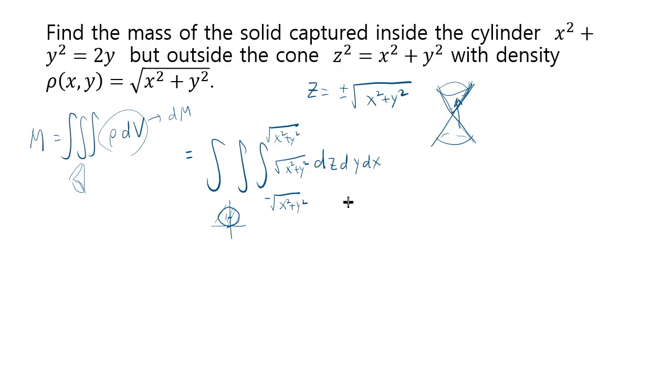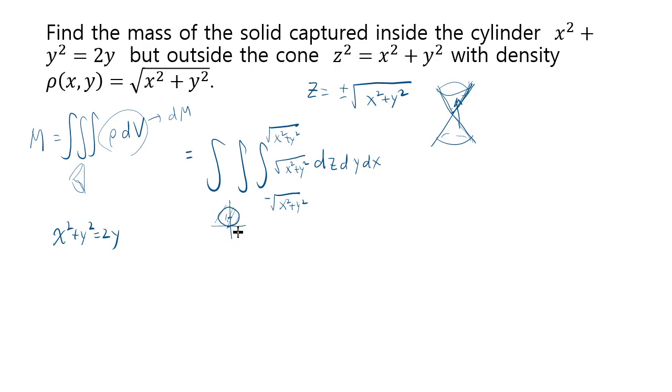Now, x squared plus y squared equals 2y. Already you kind of see that if you integrate this, maybe it's not too bad. But when you try to integrate over this circular domain using x and y, that's going to be very challenging.